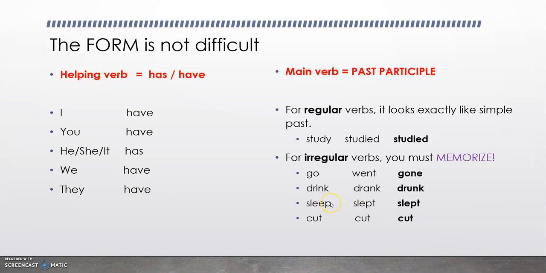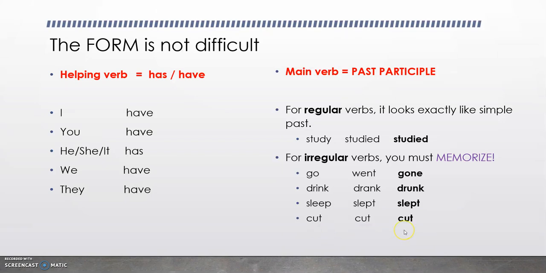Okay, the verb sleep is a different sort. The irregular simple past and the past participle are exactly the same. So that's nice. You don't have to memorize two forms there. And then finally, there are some where all three forms are exactly the same.